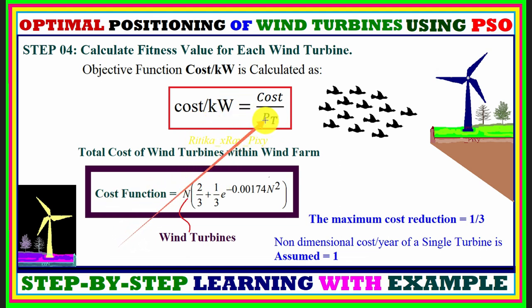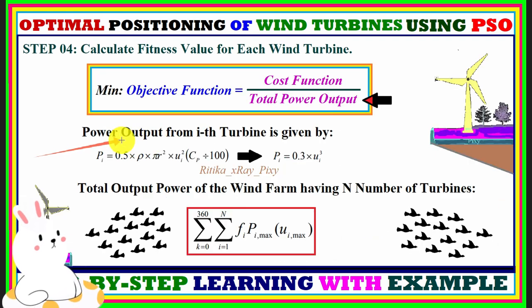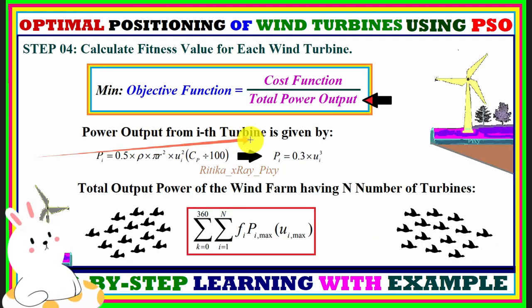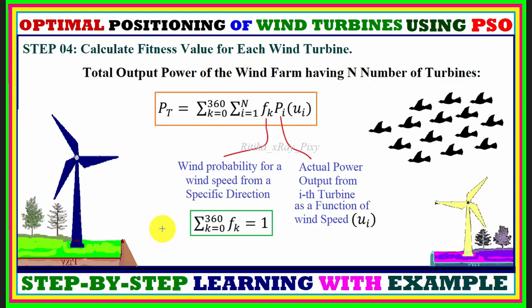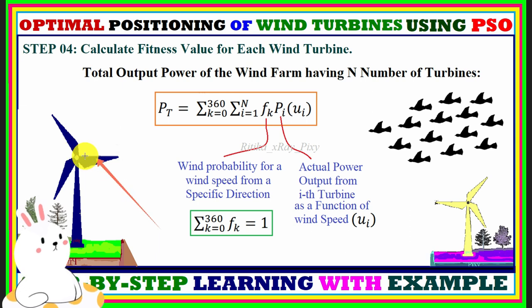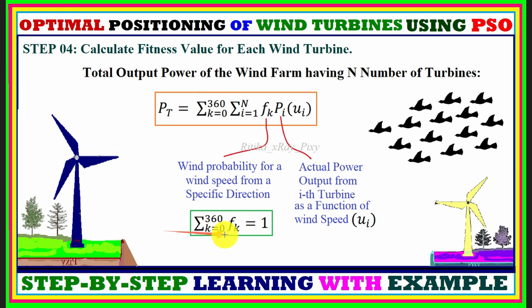Next we have the total power calculation. So total output from the ith turbine is computed using this. In the previous slide we discussed different scenarios where we have constant wind speed, variable wind direction, plus variable wind speed. Here you can see we have a limit from 0 to 360 degrees.